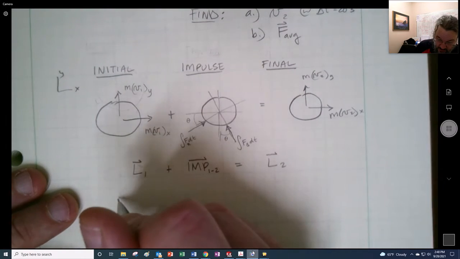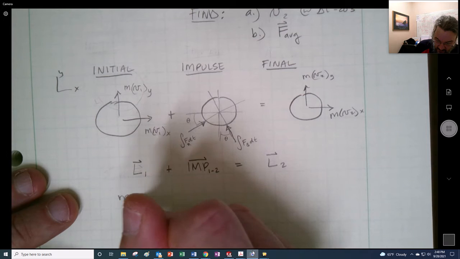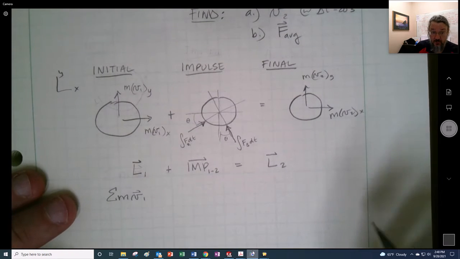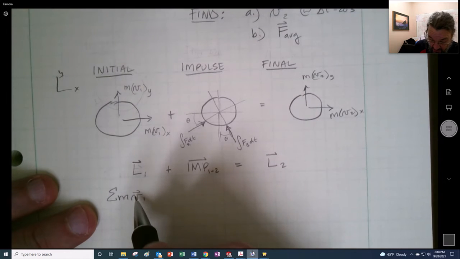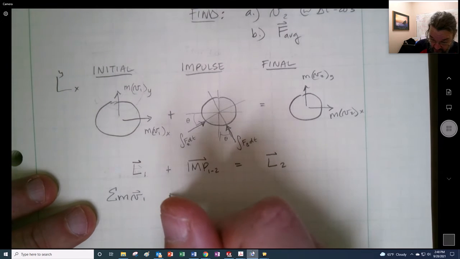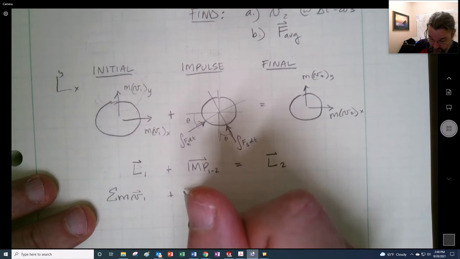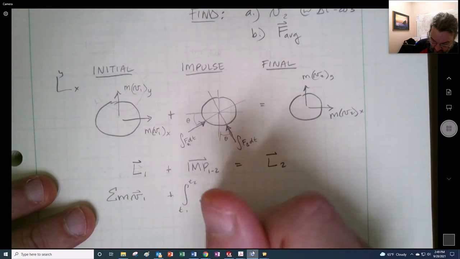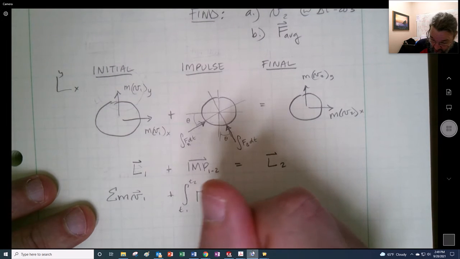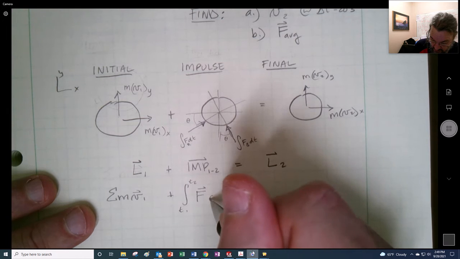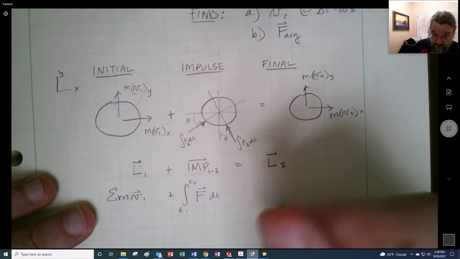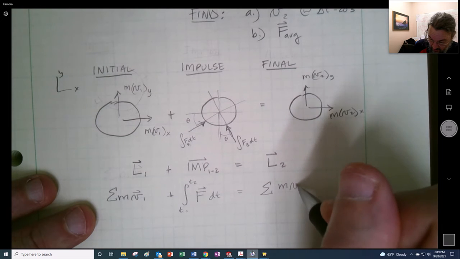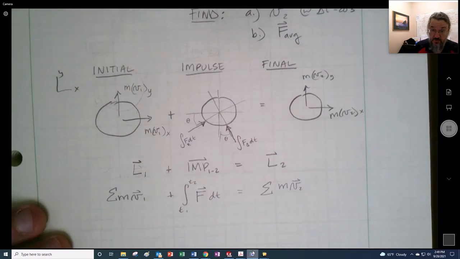Then writing that out, that's mv1, the summation of all of the momentums, and notice it's a vector, plus the integral from time 1 to time 2 of F, which is a vector, dt, is going to be equal to the summation of all the momentums afterwards.